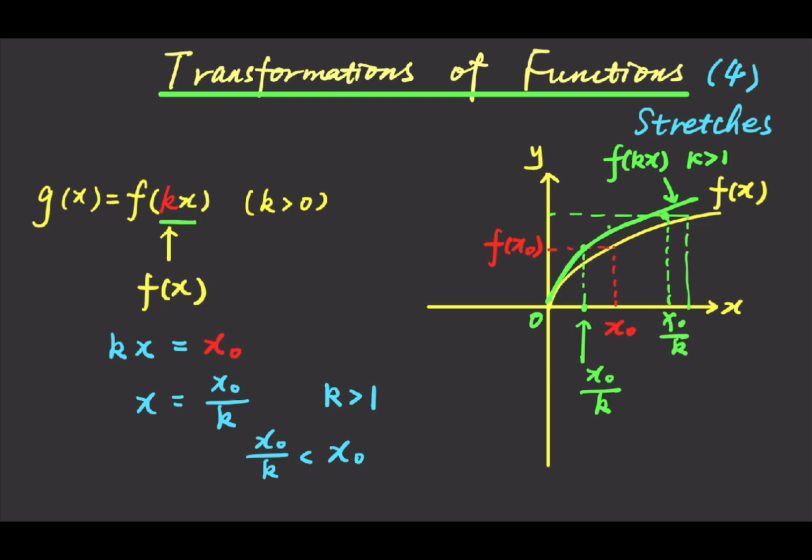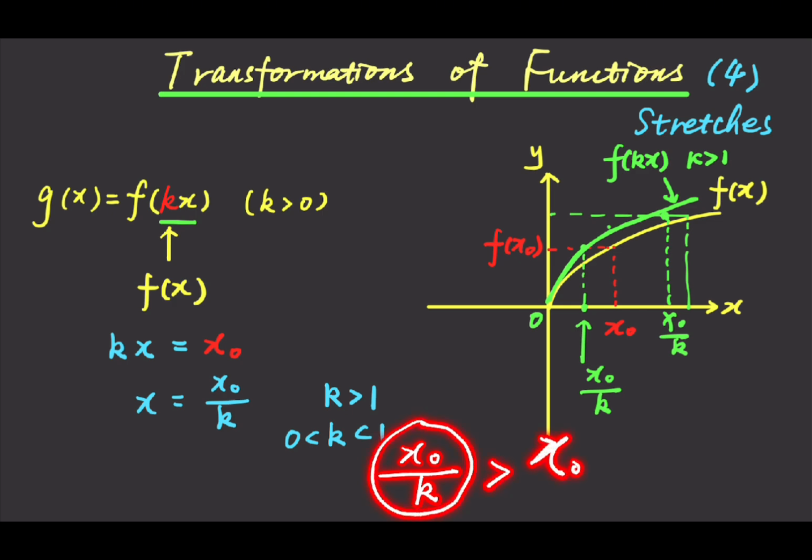Now, if we consider k greater than 0 and less than 1, you can easily find out this number. For this situation, for x0 over k, if the denominator is a positive number less than 1, this quotient should be greater than x0.